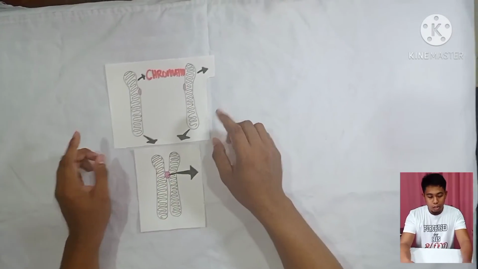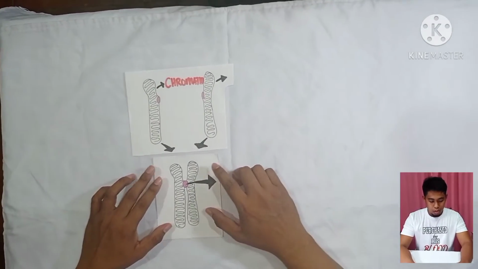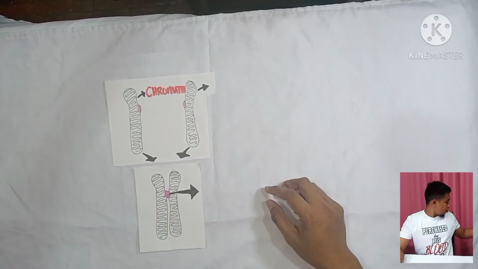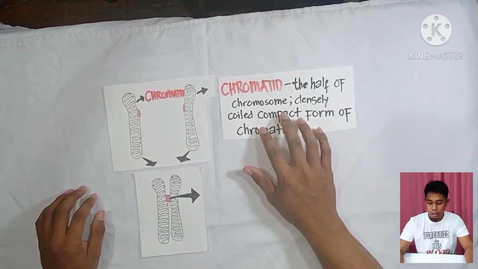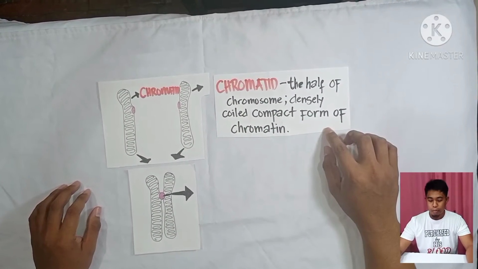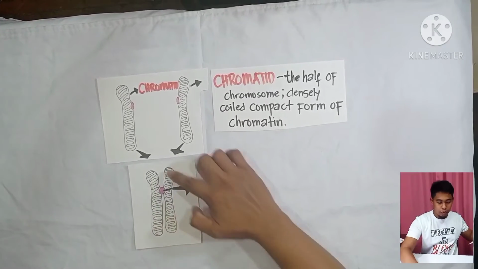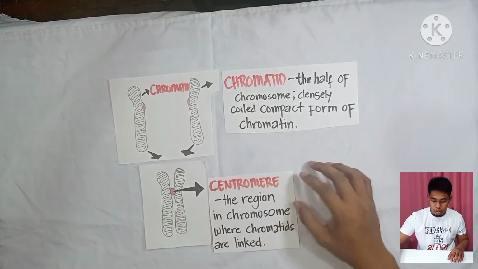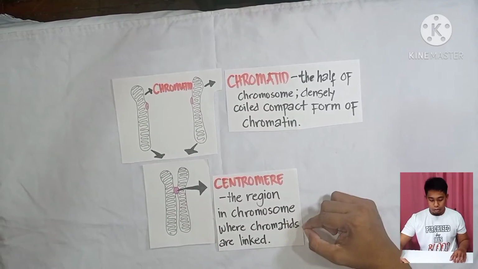The two chromatids attach to each other through the centromere. A chromatid is half of a chromosome, the densely coiled compact form of chromatin. In a chromosome, we have the centromere. The centromere is the region in the chromosome where chromatids are linked.